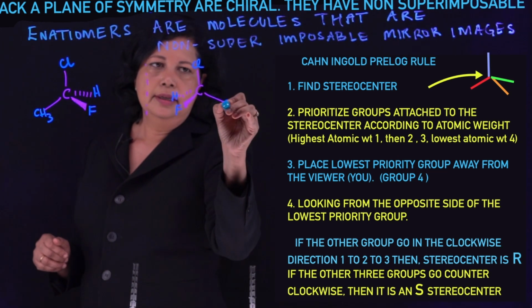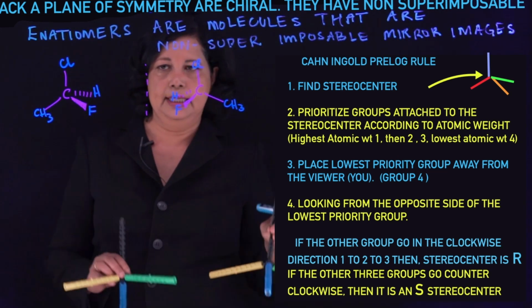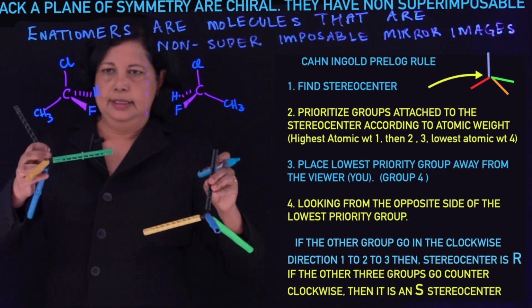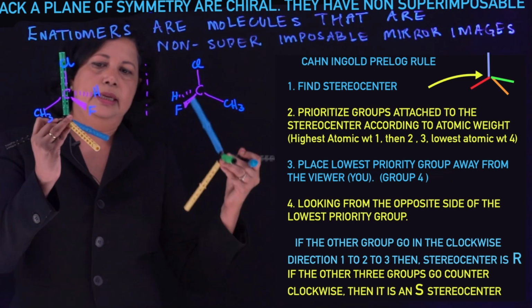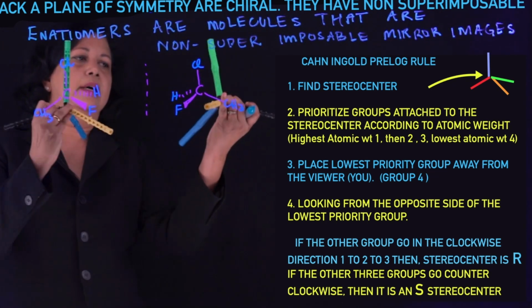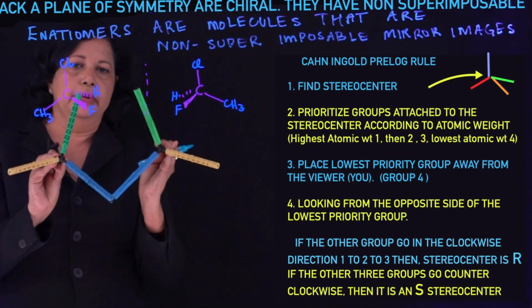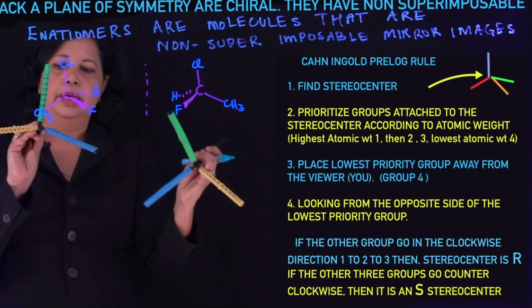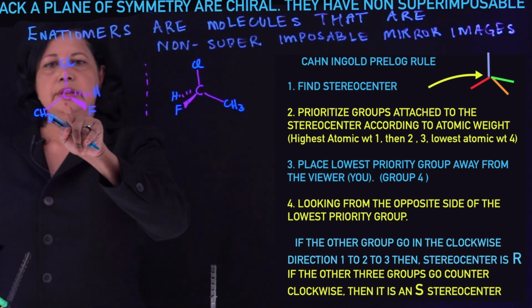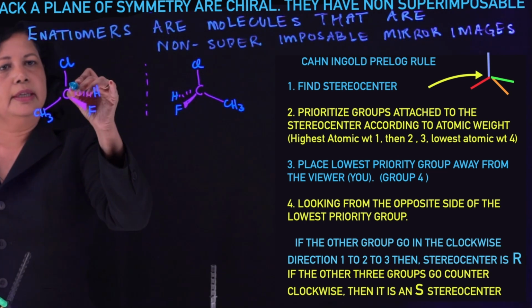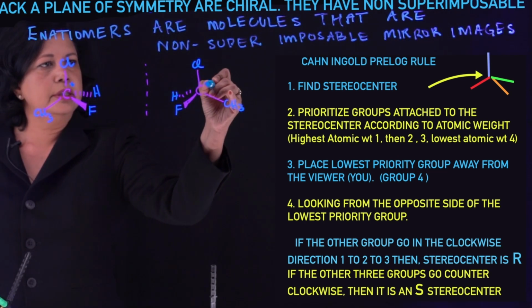Chlorine and CH3. So this is your carbon, chlorine, hydrogen, fluorine, and same on this side, you have carbon, chlorine, fluorine, the mirror images. So first, find the stereocenter, that's the only stereocenter here. Sometimes we put a star here, that's your stereocenter.